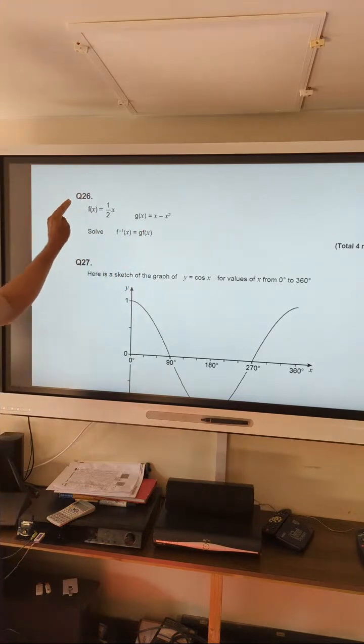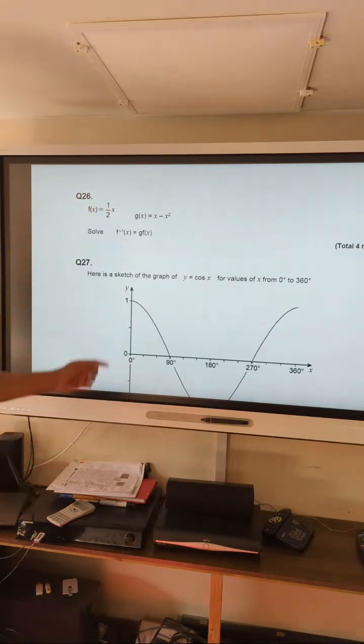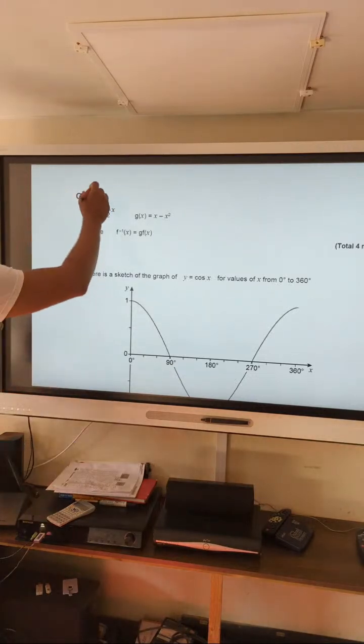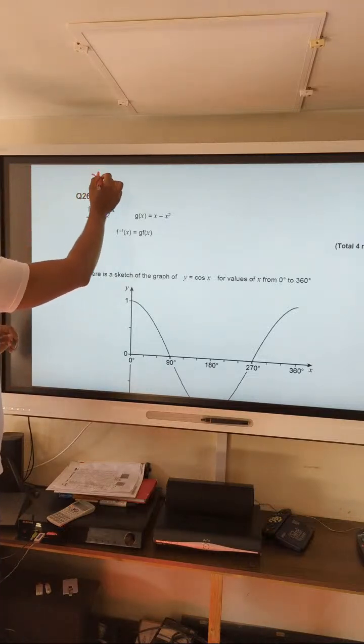Okay, so these are just saying function of x gives you half times x. So whatever you replace that x with, you need to replace it with as well. If I'm looking for the inverse function, then you need to write it in terms of y. So instead of function of x, let's give it a letter, y. y equal to half x.